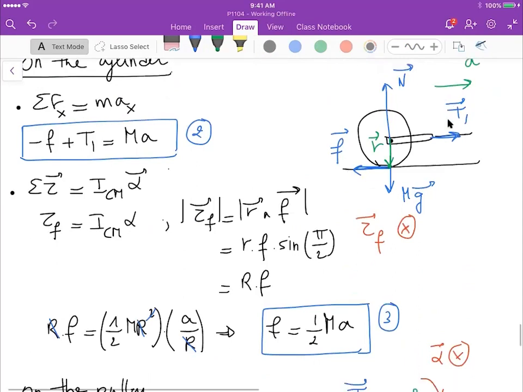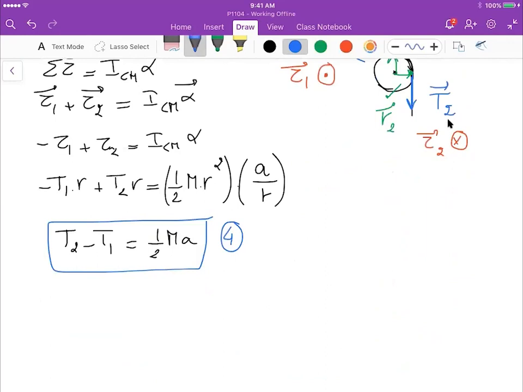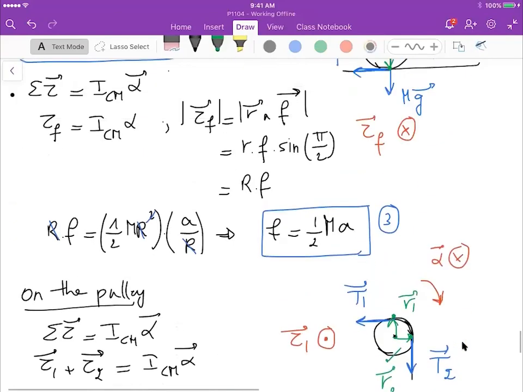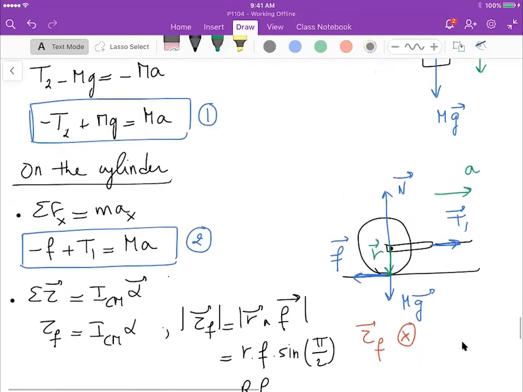So let's do it. انتوا طبعا ما قاعدين تشوفون كلهم بس when we write down all of them you will see. إذا مش بنعمل 1 plus 2 plus 3 plus 4 will end up with, so first equation is minus T2 plus mg.